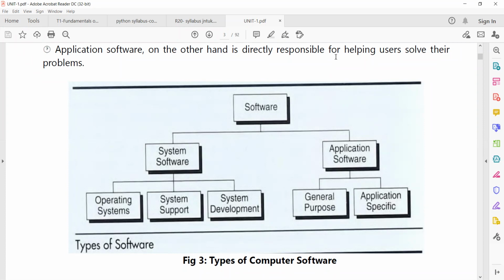How do these work? We have already designed a program, and those programs can be embedded on a chip. That chip can be inserted in our washing machine. So this is system software.